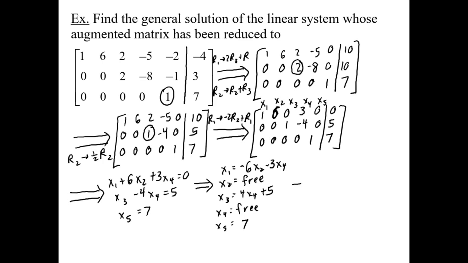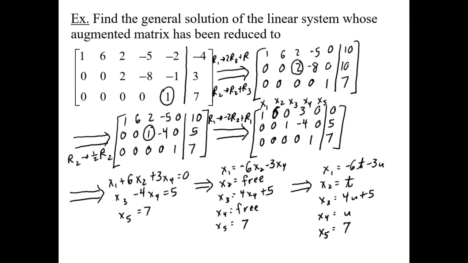In fact, another way I could express this is to give names to those two variables. x2, I could call t, and x4, I could call u. So x1 I could write as -6t minus 3u. x3 would be 4u plus 5. And x5 is just 7. It's fixed.